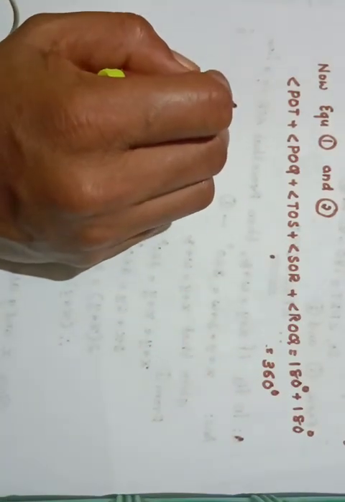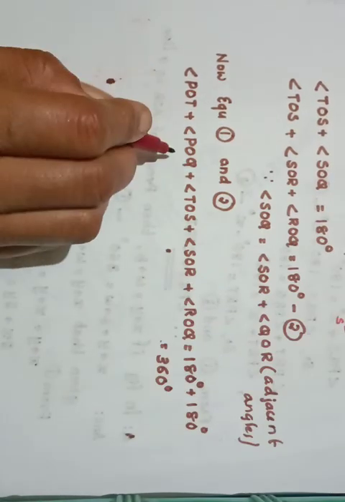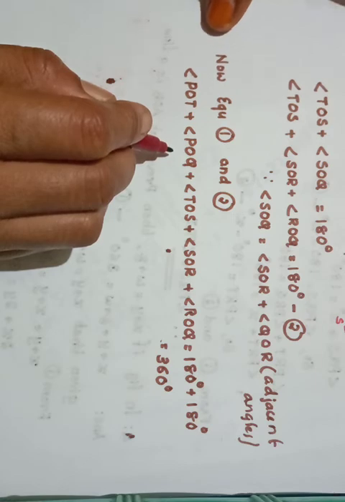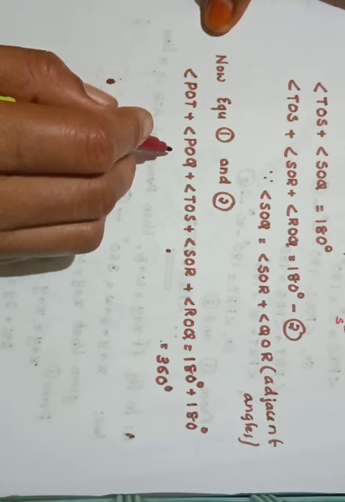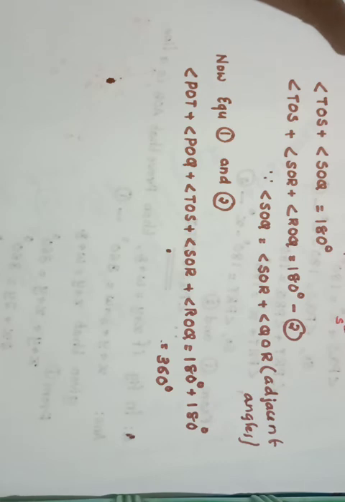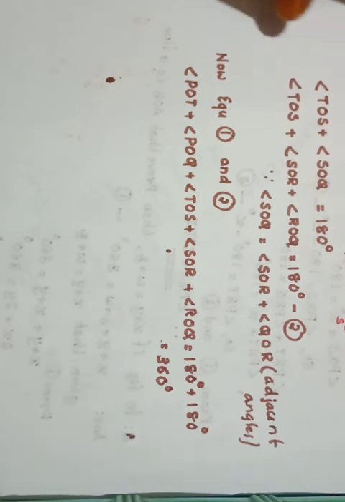But see the question, what we need to prove. We don't have POT, but we have POQ, QOR, SOR.